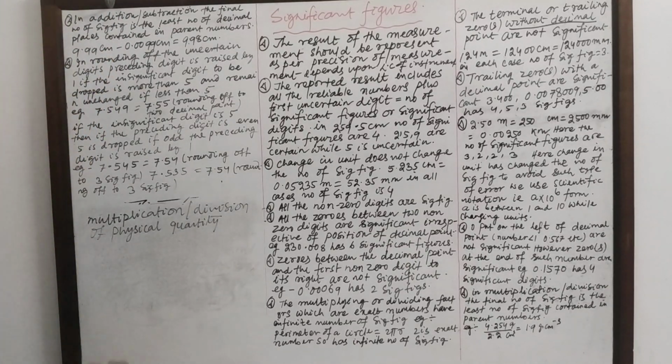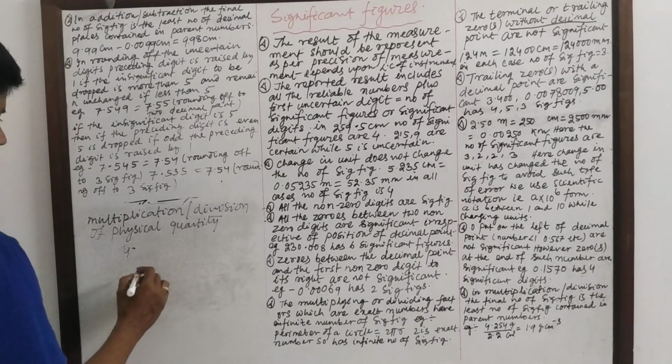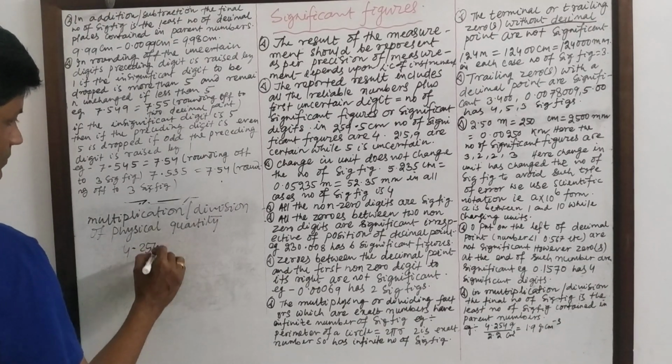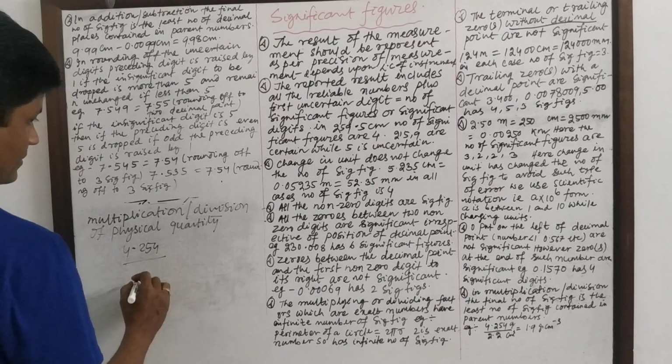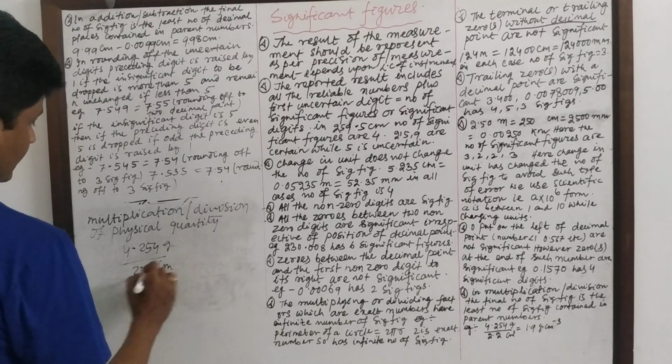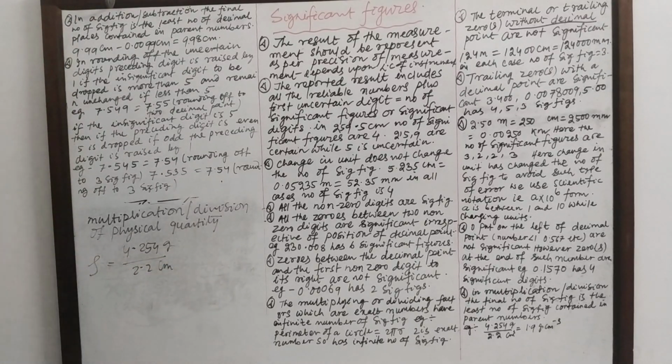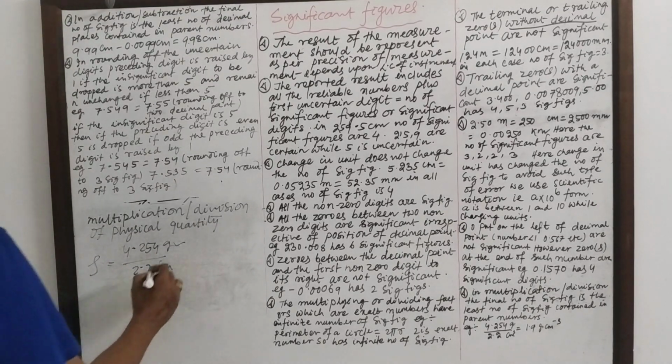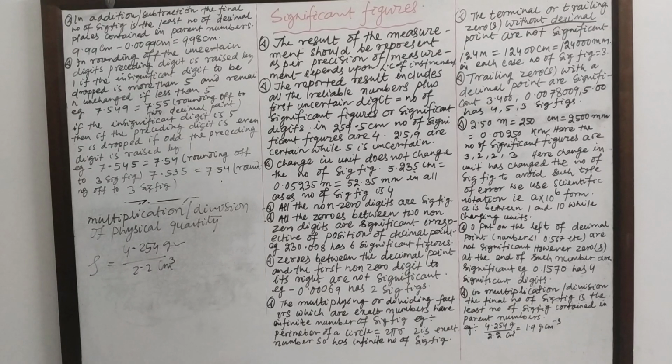That is, when 4.254 is divided by 2.2, rho, we are determining the density of a metal whose mass is 4.254 gram and its volume is 2.2 cm3.